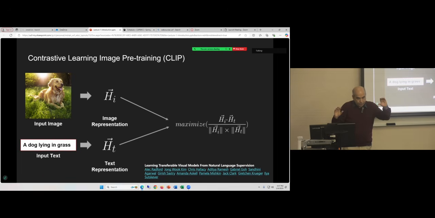The input image representation will be a vector, and the text will be another vector in the same space, and they want to come closer because it's a positive pair. This is a dot product divided by the magnitude. You want to maximize that, because whenever you want to learn, you have an objective function, right? So this is the objective function.